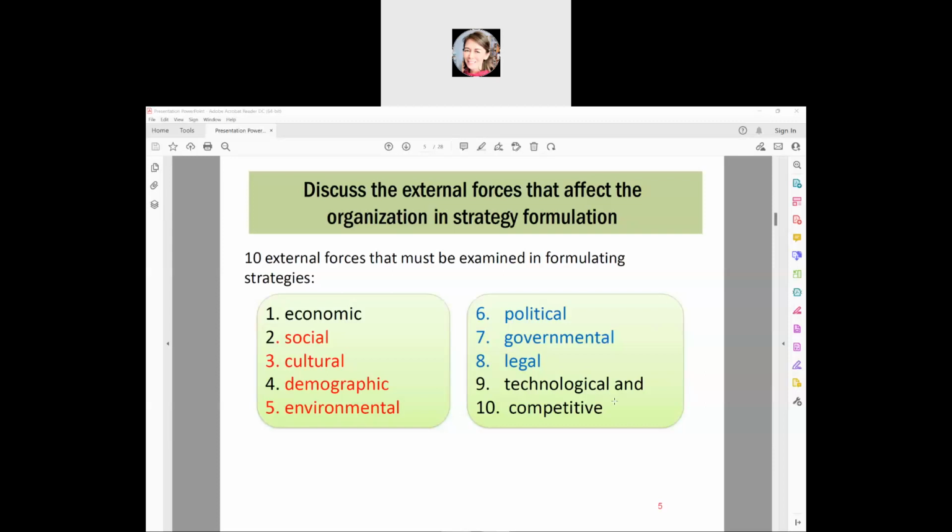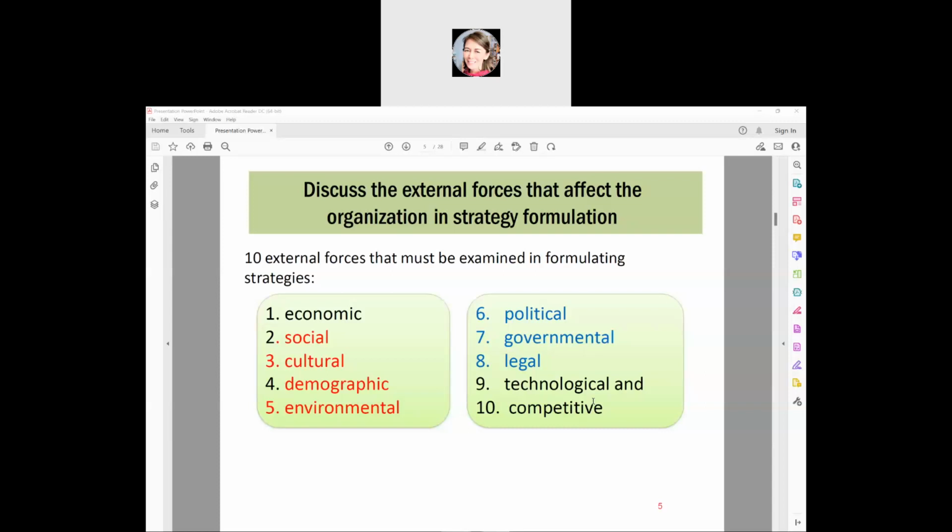Okay, now the rest of these factors: cultural, demographic, environment, political, government and legal, comparative. The details of these factors are all in the main text. You can find them and read them.